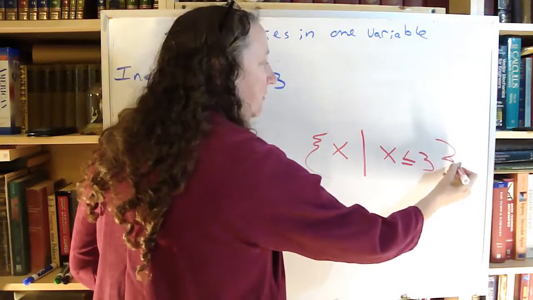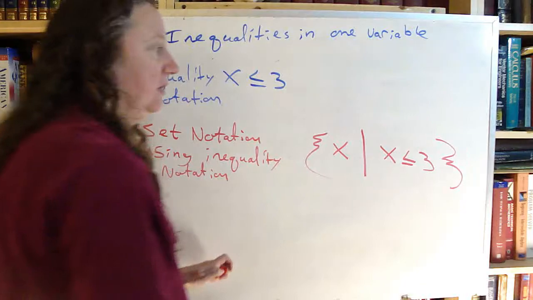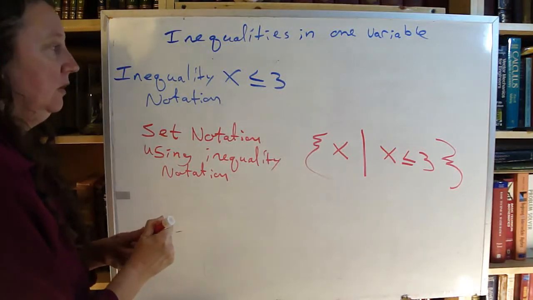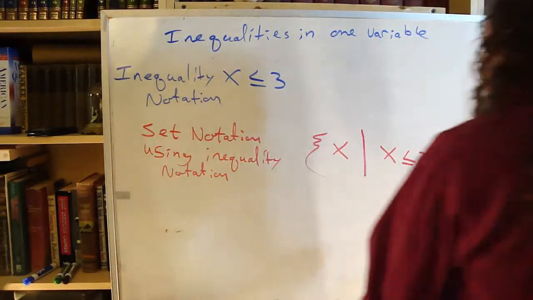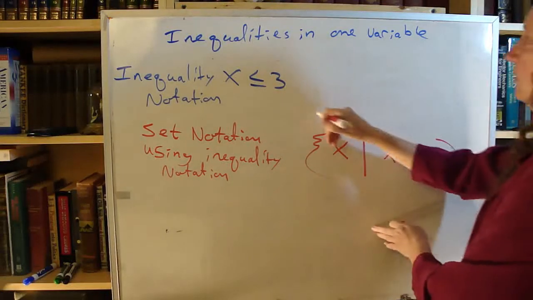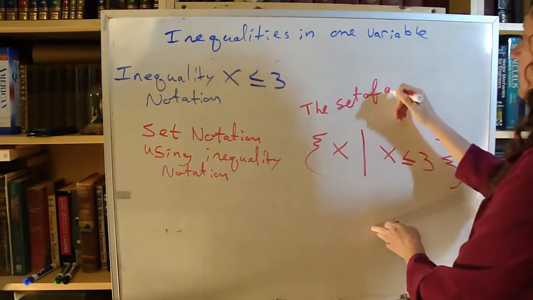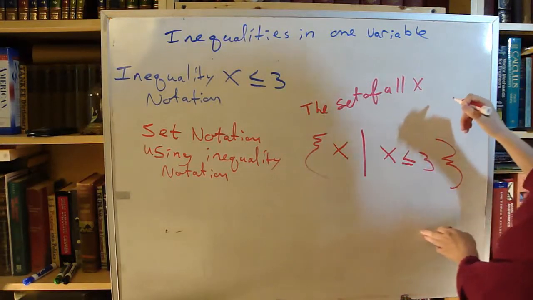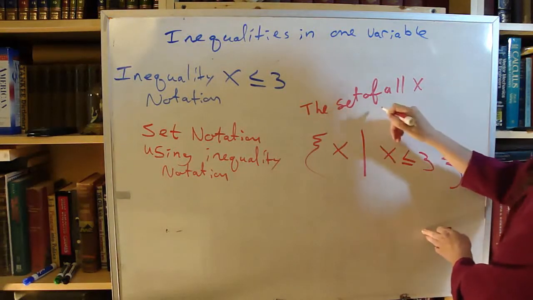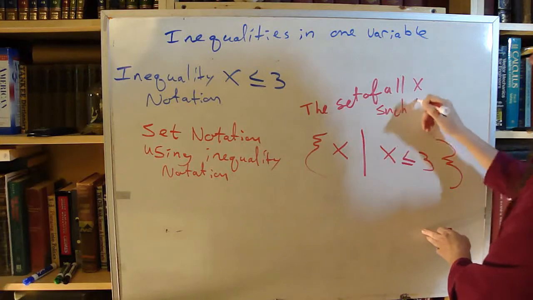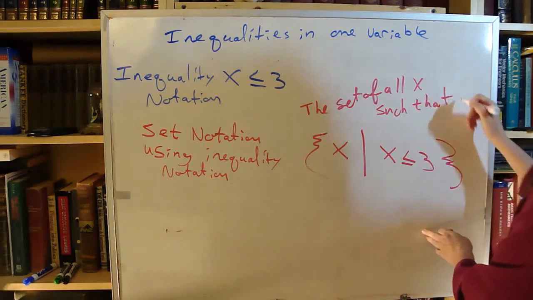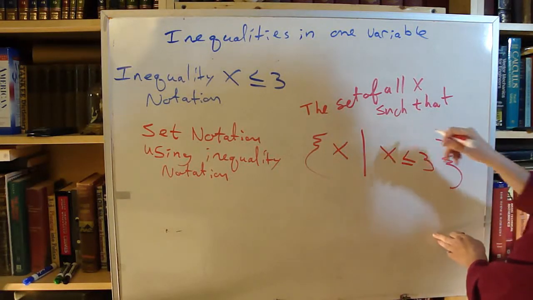And then I close off my curly braces. So this is read as the set of all x's such that x is less than or equal to 3.